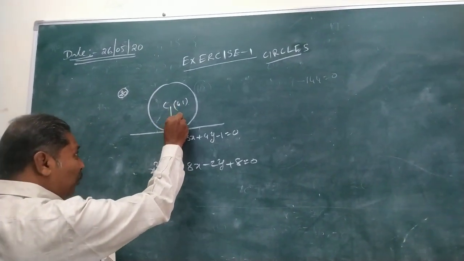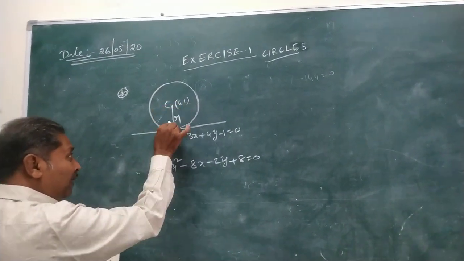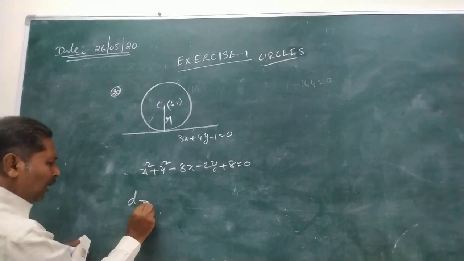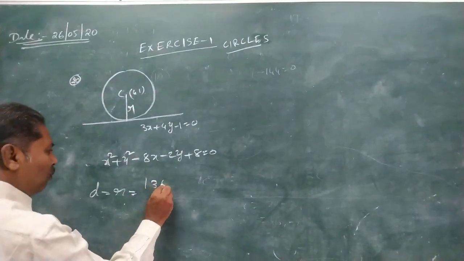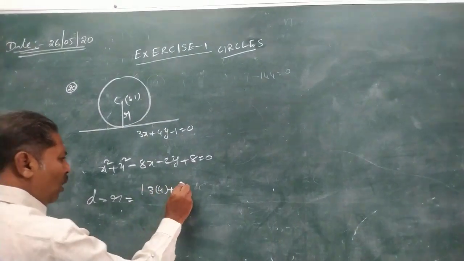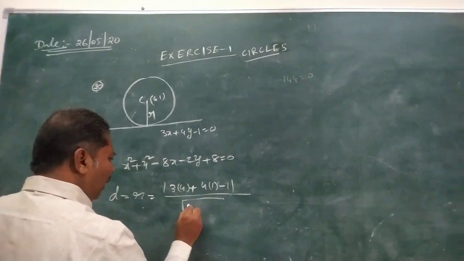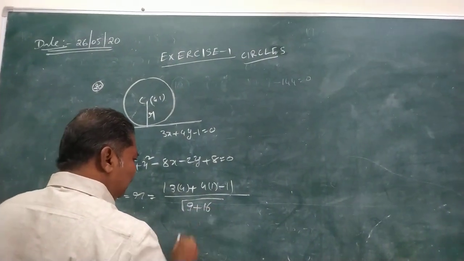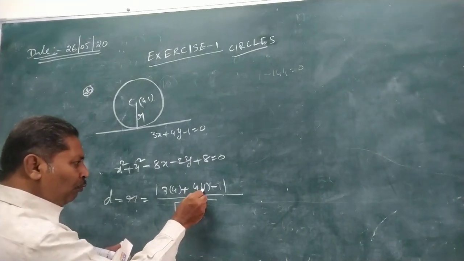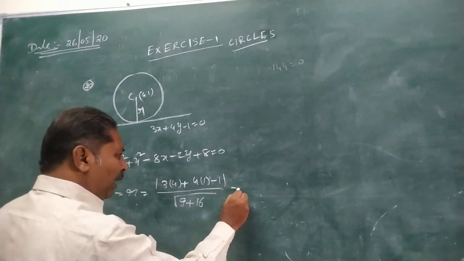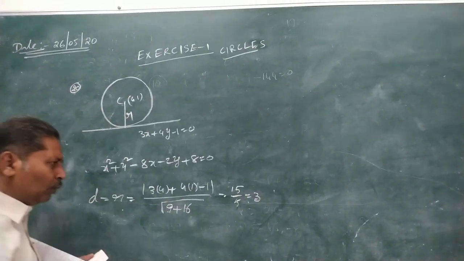Otherwise, calculate the R value. R is nothing but the distance from the center to the line. So D equals R equals modulus of 3 into 4 plus 4 into 1 minus 1 by root of 9 plus 16. 12 plus 4 equals 16, 16 minus 1 is 15, by 5 equals 3.